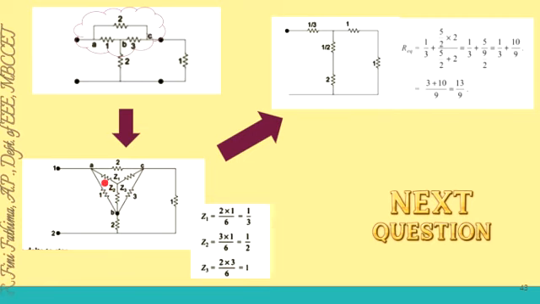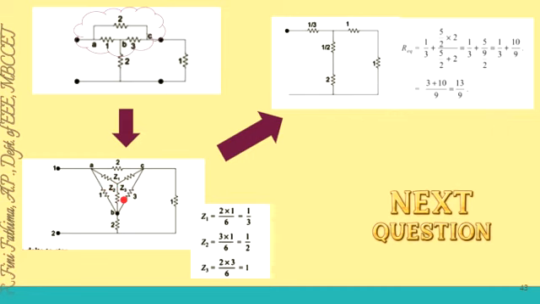Now I am converting this delta to star. We have to find Z1, Z2 and Z3. To find Z1, we multiply the adjacent sides, that is 2 into 1, 2, divided by 3 plus 3 is 6, so 2 divided by 6. The value of Z2 is 3 into 1, 3 divided by 6, which is 1 by 2.